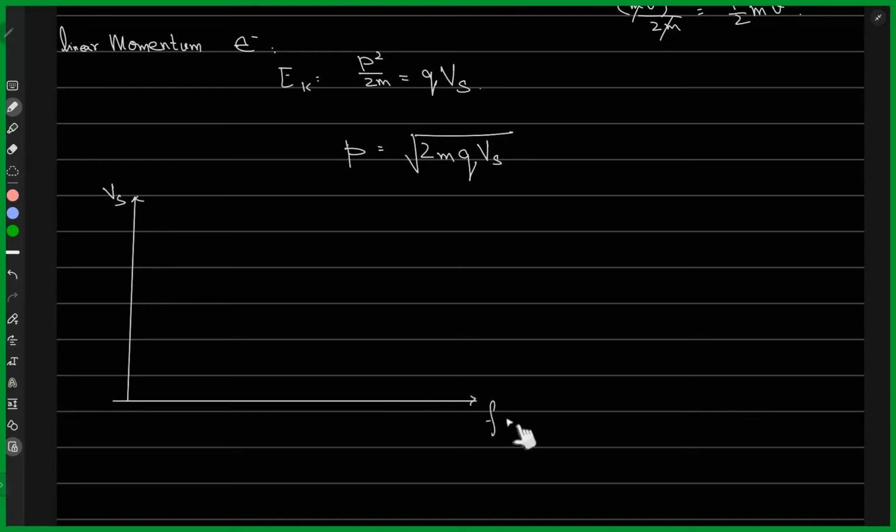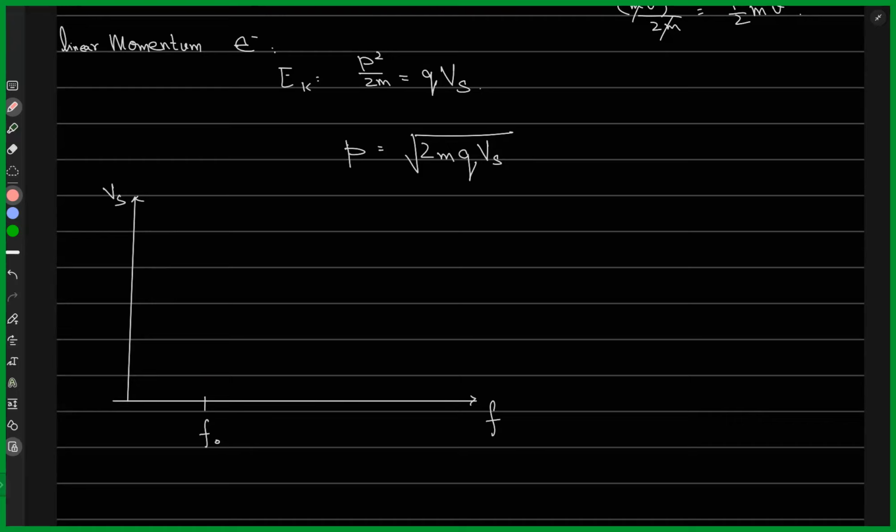Let's suppose that f naught lies somewhere over here. The first thing that you know is that until you reach the threshold frequency, you would not need any stopping voltage, because there are no electrons to stop. Hence the stopping voltage until f naught is 0.